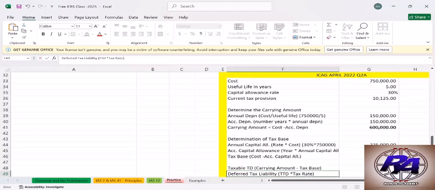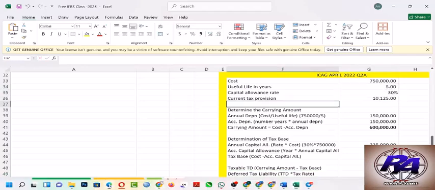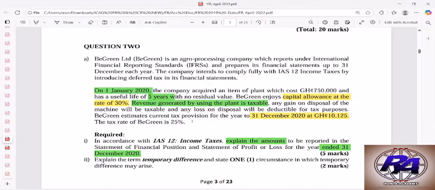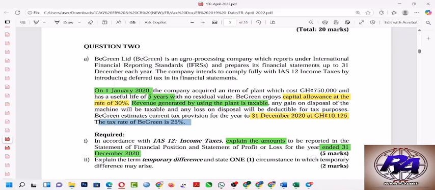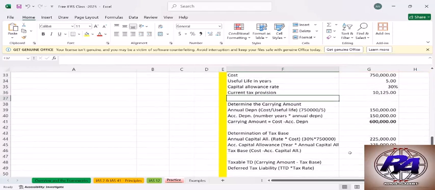So we should add our tax rate to the information here. Let's go to the question and fetch our tax rate. They said tax rate for Big Green, the company, is 25%. Here we don't have any issue about enacting. It's not always the case, right? When the questions want to confuse, that's why they bring those things. So the tax rate here is 25%.